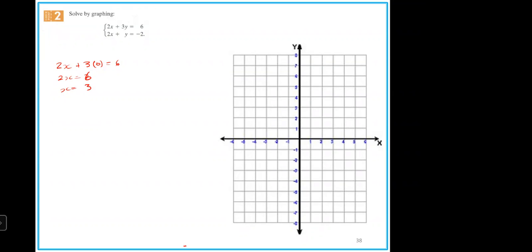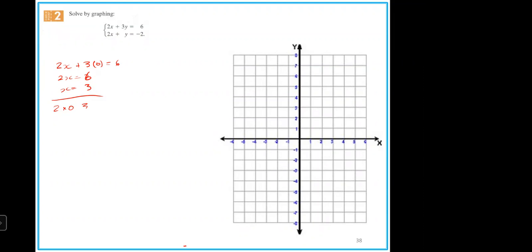And then you want me to do the next one? And then 2 times 0 plus y equals -2. Y equals -2. Oh, hold on, hold on. But you have to find 2 points. You have to find 2 points for each line. So first you let y equal 0, then you let x equal 0.